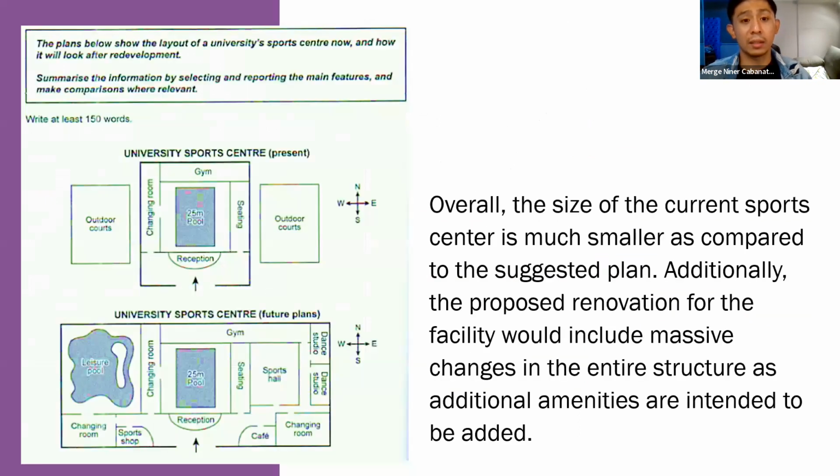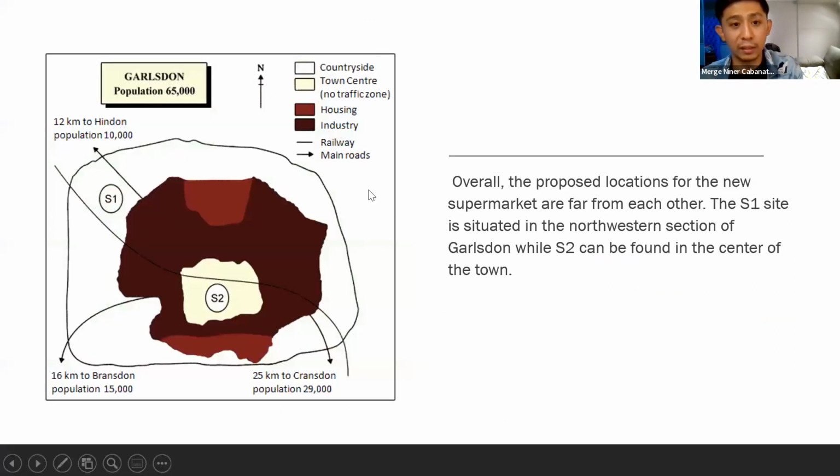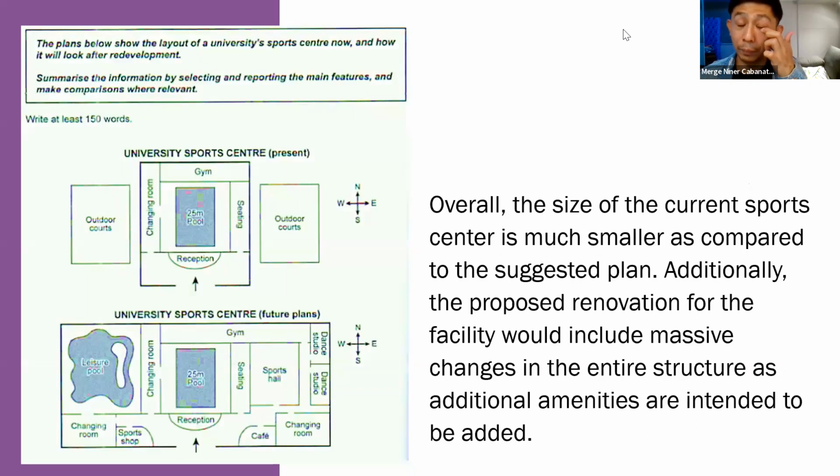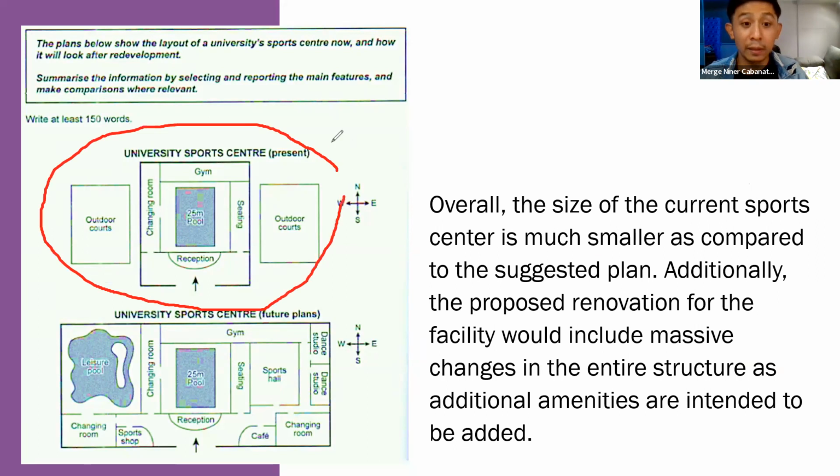Now, what about this? First, I have simplified the appearance of this plan, the sports center. So first you need to look at the present. The present sports center versus the future plan. What will happen?